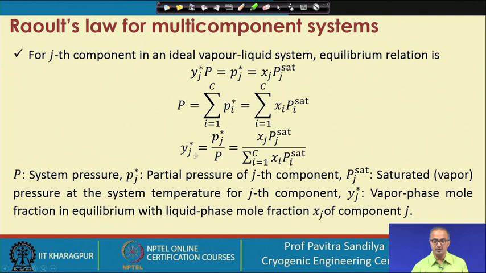Once we know this, we rearrange the equation. Yj is equal to Pj by P, and in this case P is replaced by this particular factor and Pj by this particular thing. So, Yj is now represented in terms of the mole fraction of the jth component in the liquid phase and the saturated vapor pressure of the jth component at the system temperature.